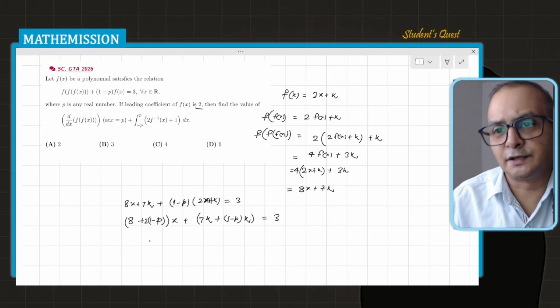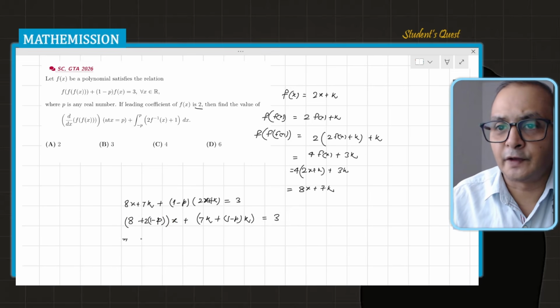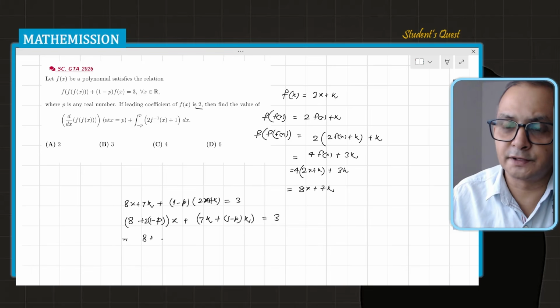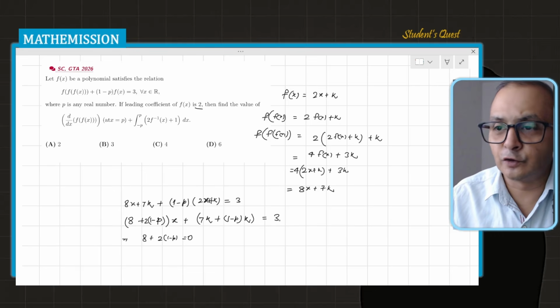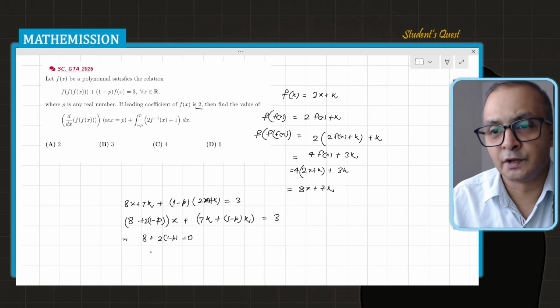Let's calculate it. The coefficient of x must be 0, because the right side is a constant only. So 8 plus 2(1 minus p) is equal to 0, and from there I'm getting p is equal to 5.